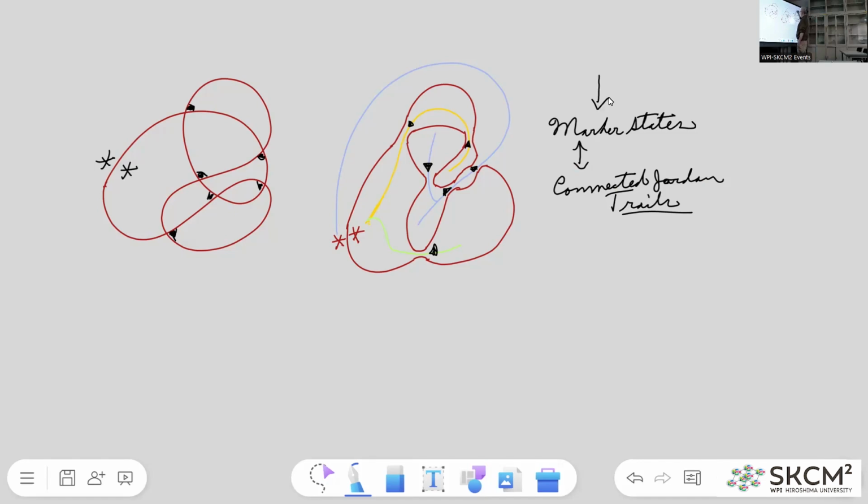And they're also in one-to-one correspondence with maximal trees on a checkerboard graph. That's what I've been exemplifying.